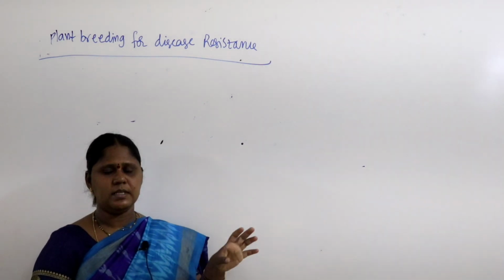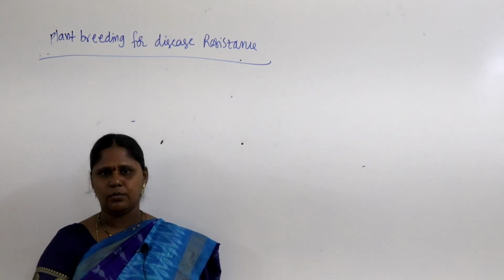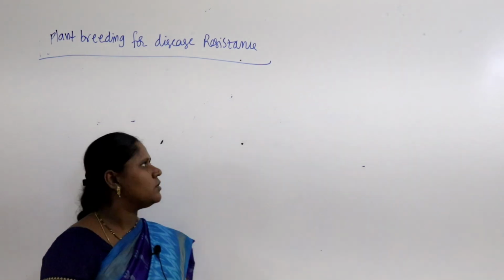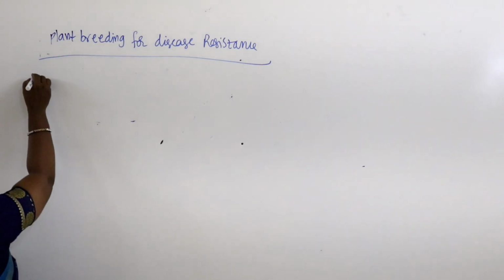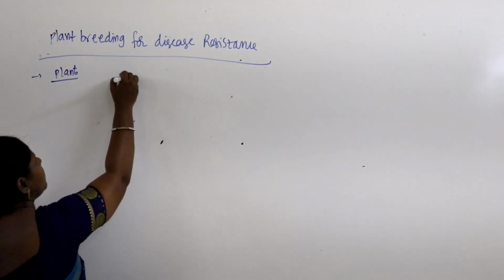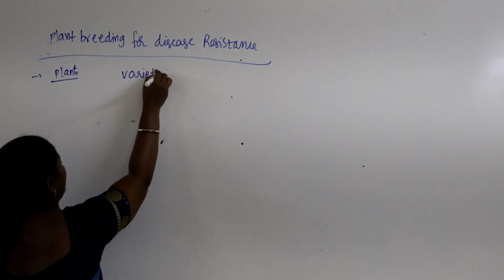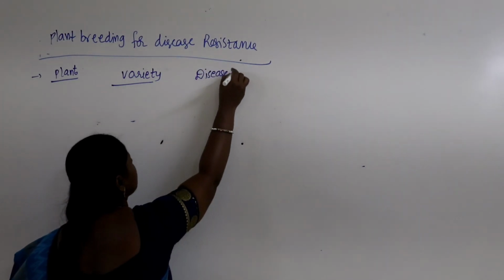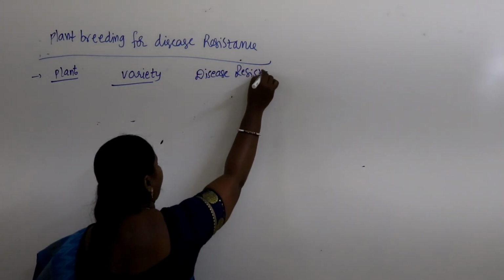So make sure you are serious in writing the table, understanding the table, and also practice a number of times, right. Here I am talking about the plant name and the variety which is being created and that shows resistance to what? Again I am writing here, disease resistance.